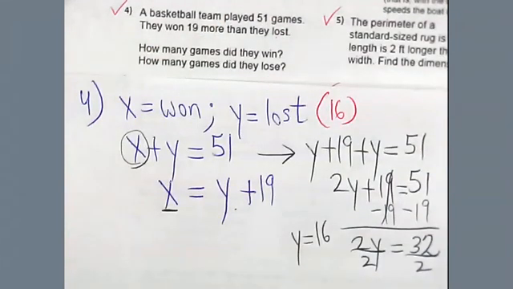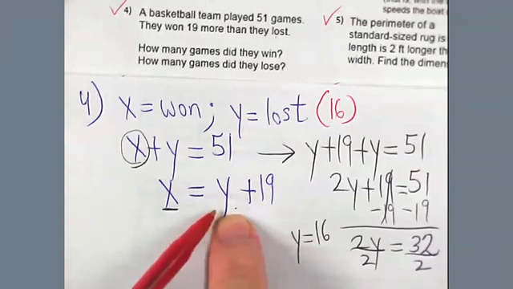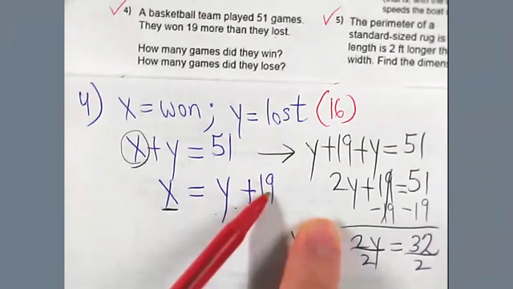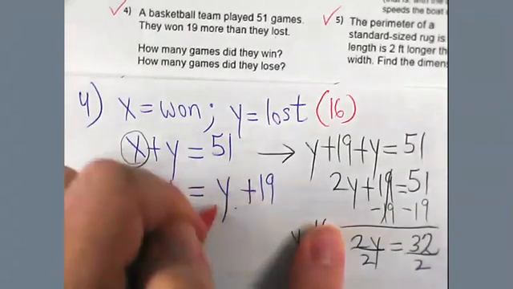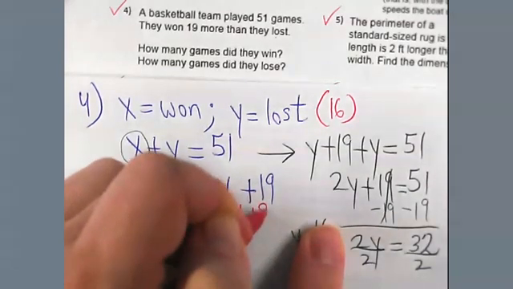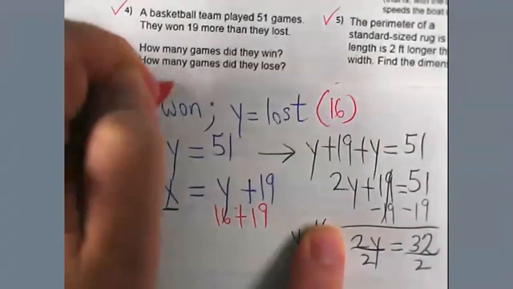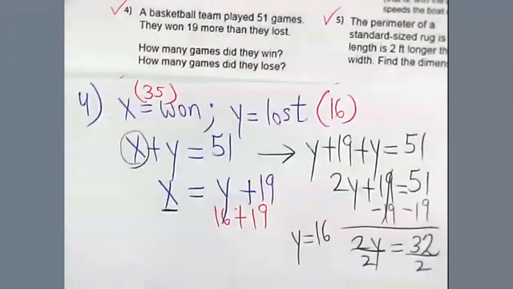Now, you don't have to substitute 16 for y in the second equation, you already know that they won 19 more games than they lost. So that's just simply 19 plus 16. So the number of games they won was 35.